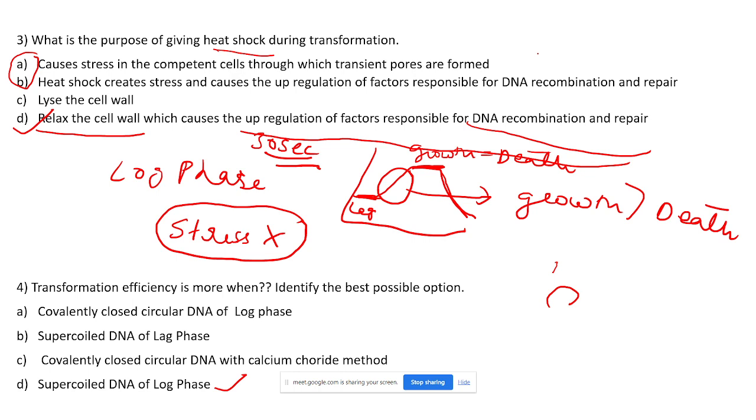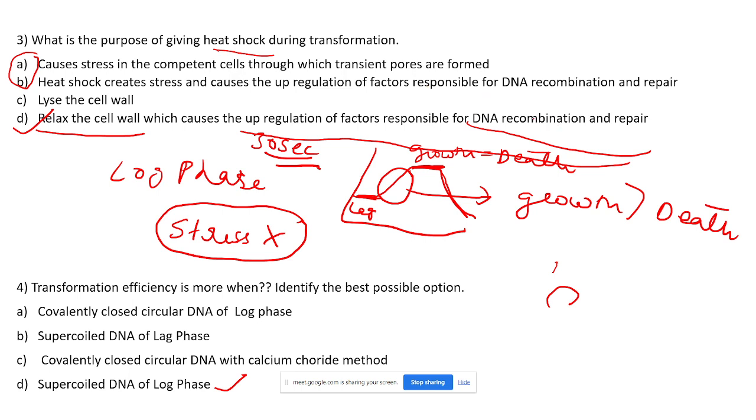That repair and recombination mechanism, produced because of the heat shock, will help in the integration of your ligated product with the competent cells.